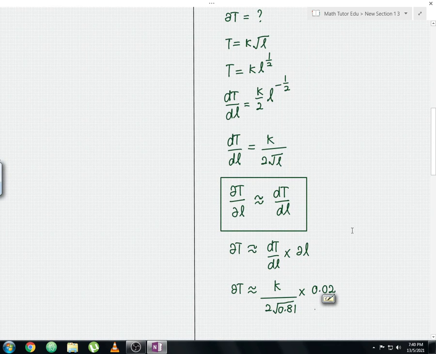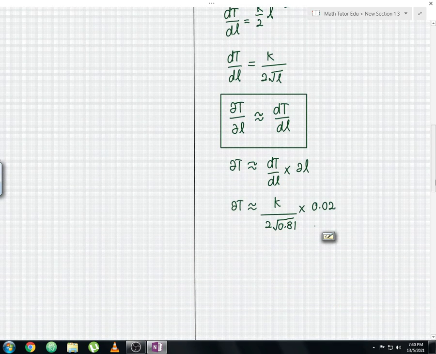I hope you understand. So let us continue. Square root 0.81, you calculate this, you should get 0.9. 0.9 times 2, your denominator is 1.8. So delta t is approximately k over 1.8, and then you times 0.02.